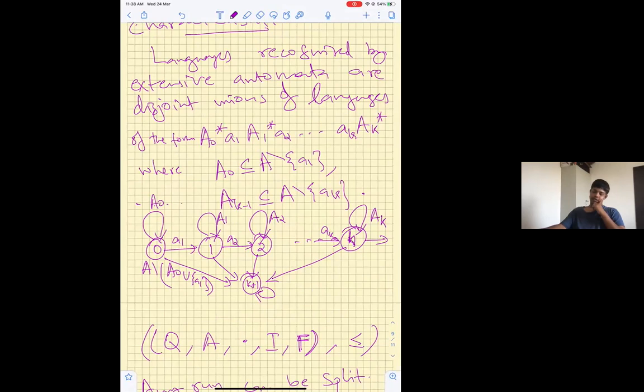So how do you make this construction so that it becomes deterministic? One possibility I see is it's not easy.